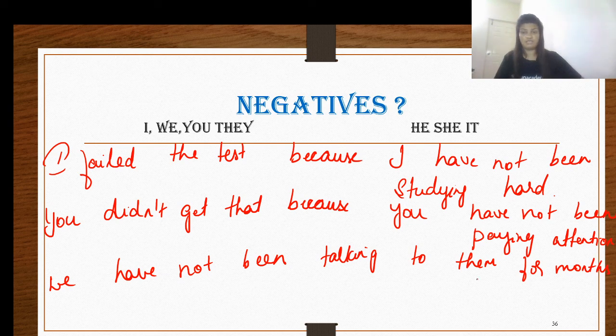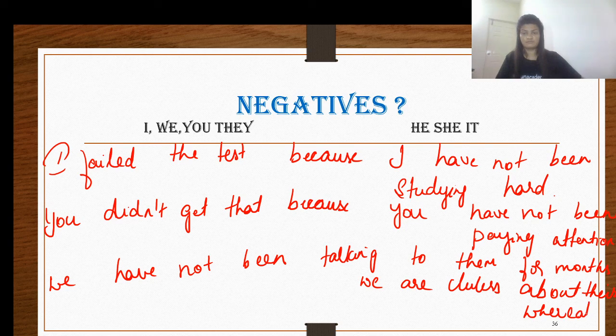Now, because we are clueless about that, because we are clueless about their whereabouts. We have not been talking to them for months now because we are clueless about their whereabouts. Have not been. Negative, negating the point.